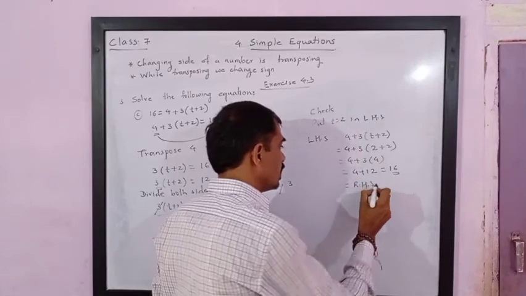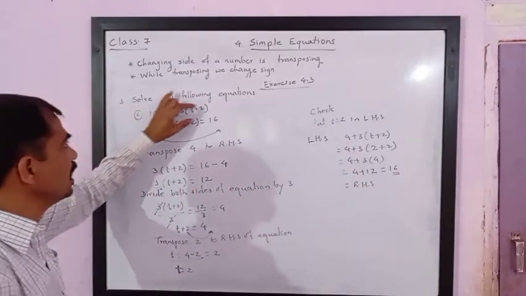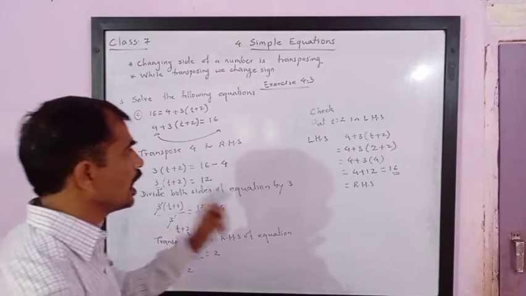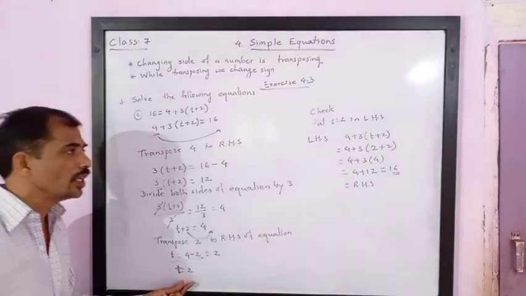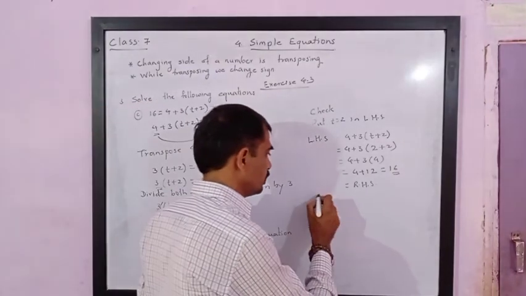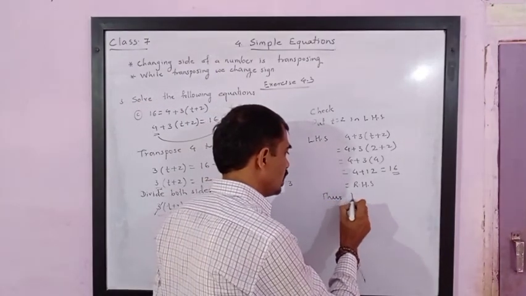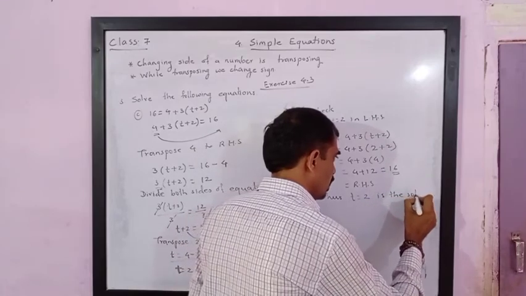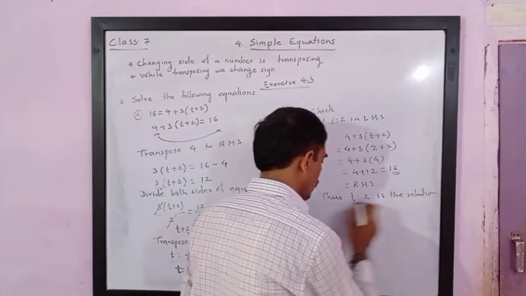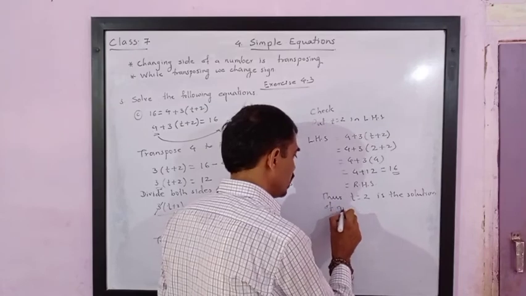Thus, we have got left hand side is equal to our right hand side. So hence our solution t is equal to 2 is correct. Thus t is equal to 2 is the solution of the given equation.